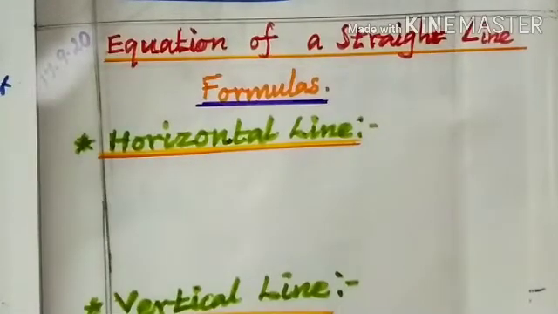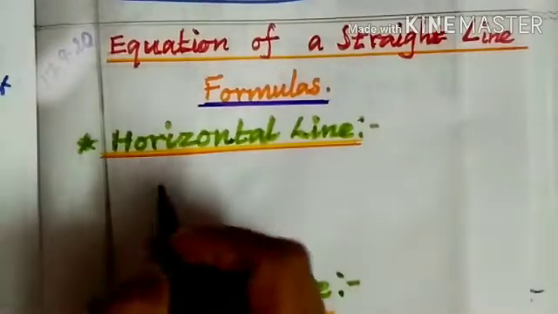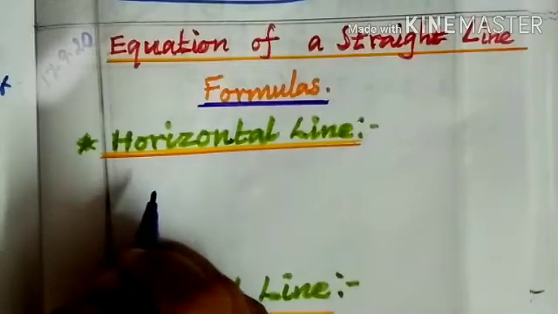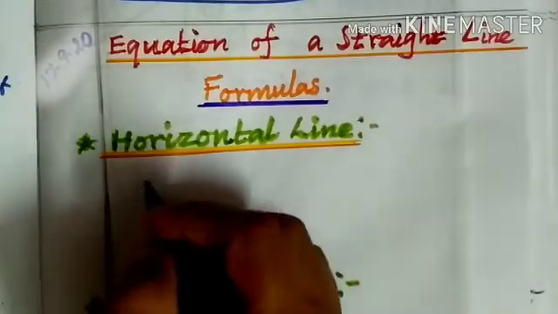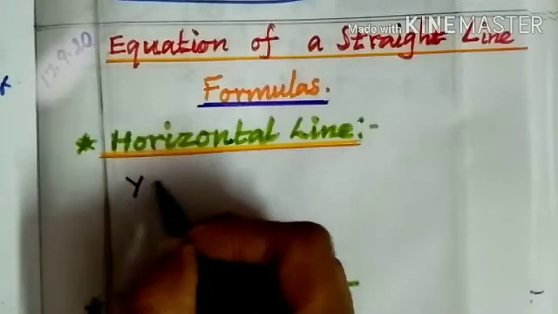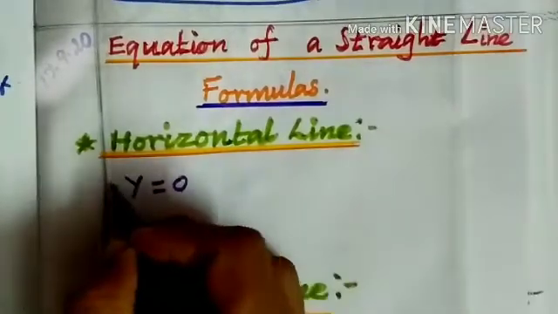First we see the equation of a horizontal line. If a straight line lies on the x-axis, then the equation of the line is y is equal to 0.